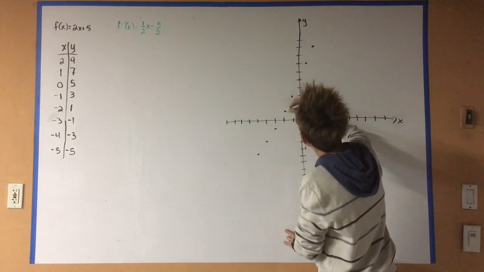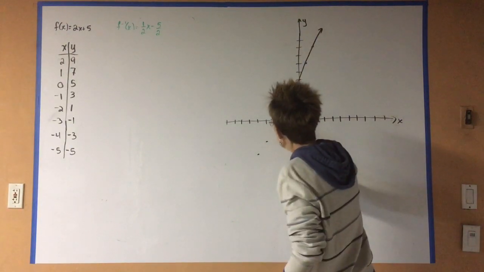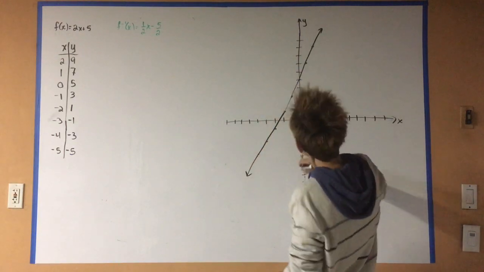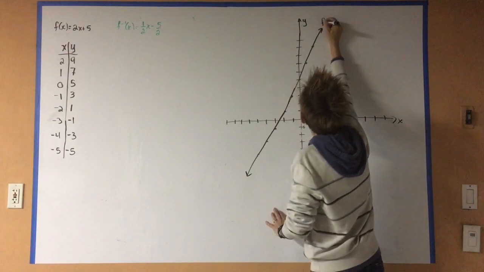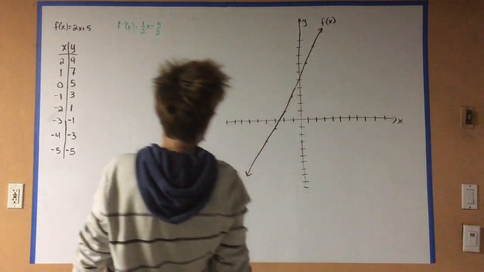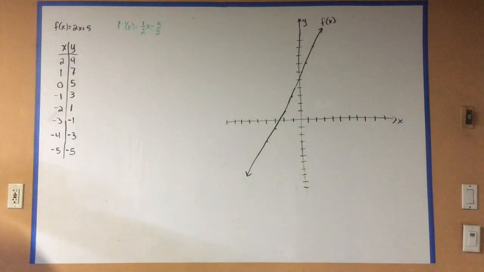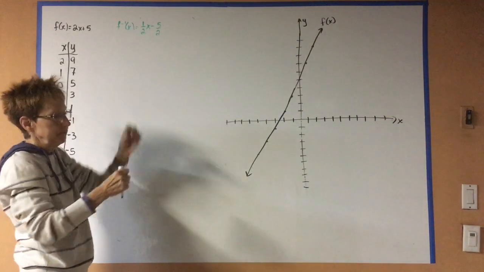Let's see if I can actually hit all my points when I draw my straight line. So this is f of x. A little crooked, unfortunately. So now I'm going to do what we proved to be f inverse, which is this guy right here.